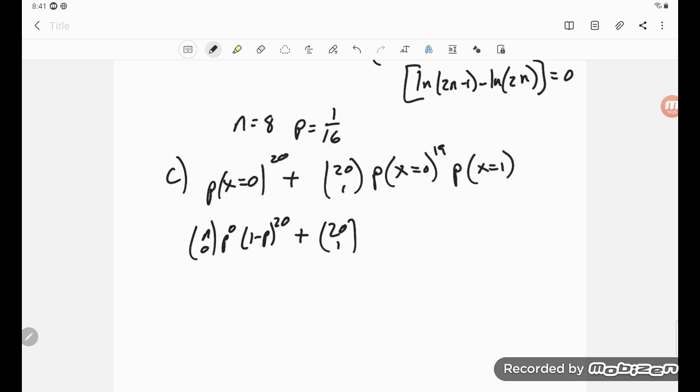Again, this is just 1 minus p, so we get 1 minus p to the 19th. And then probability x equals 1 is also 20 choose 1.